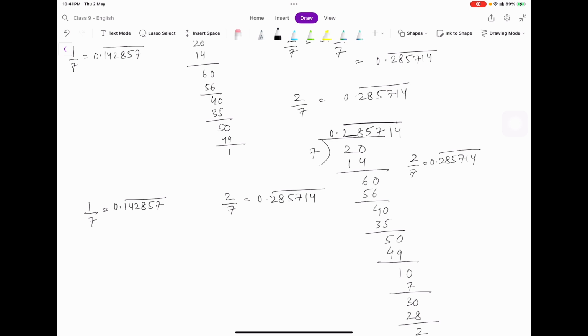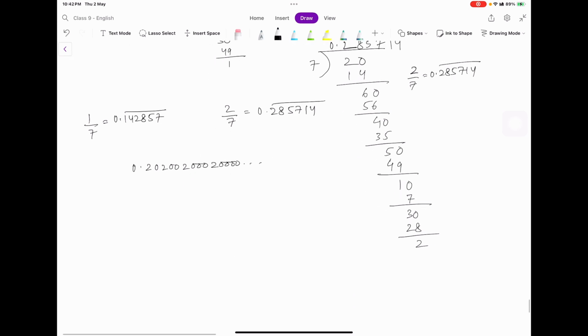If it is terminating, then it is a rational number. If it is non-terminating, it should not have any pattern. So how will it not have any pattern? This is 0.14, this is 0.2. So you take 0.20, then 0.200, then 0.2000, then 0.240, and so on. Here the pattern is never repeating.